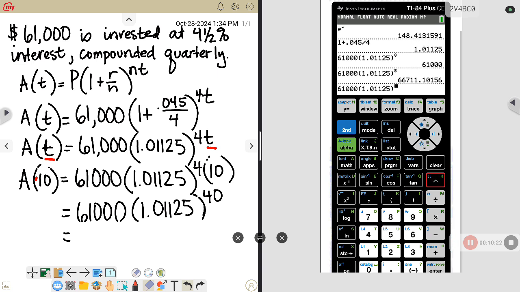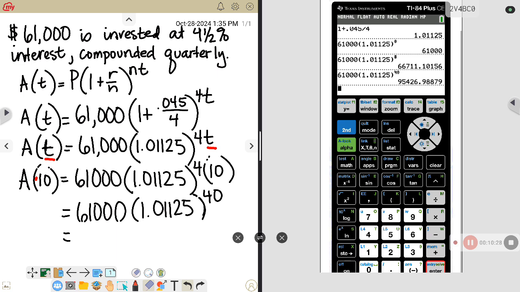Go up into your exponent, and now your exponent is 40. So after 10 years, you will have 95,420. Since it's 26.9, we are going to round that up to $427.